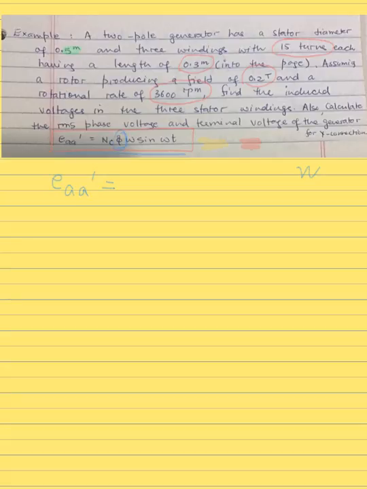We also have to look for what we're going to do with the φ, so we have to go back into the details of φ. φ is given by area times the flux density, and for a loop of length L and width 2r, the area is 2r times L. So φ is 2 multiplied by the radius, which is 0.5 divided by 2, since that's the diameter and the radius is half, multiplied by the length, 0.3, and the magnetic flux density here, 0.2.